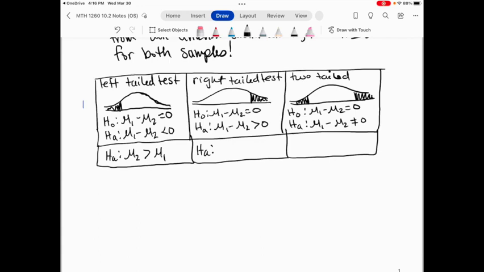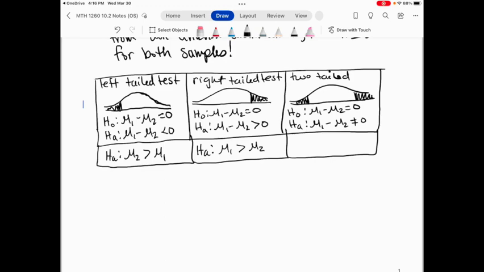For a right-tailed test, the meaning would be that mu1 is greater than mu2, because if mu1 minus mu2 is greater than 0, then mu1 must be the bigger of the two.